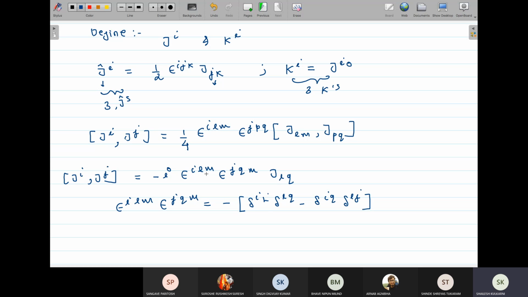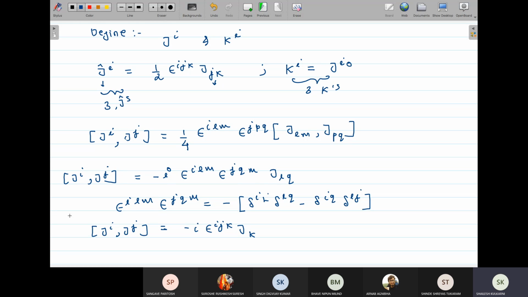So you substitute this relation here. What you will get is the commutator of Ji and Jj equal to minus i times epsilon ijk Jk. This is what you are going to get.